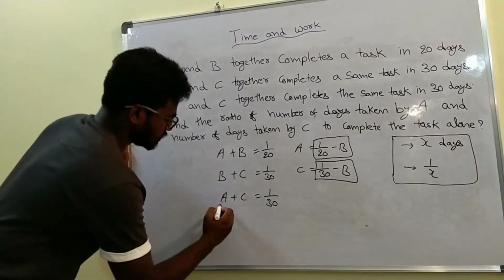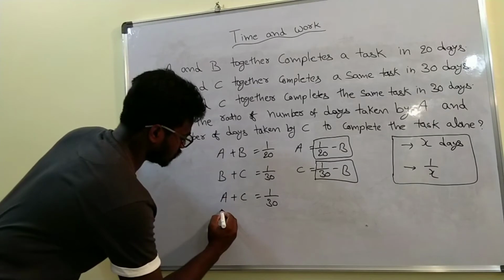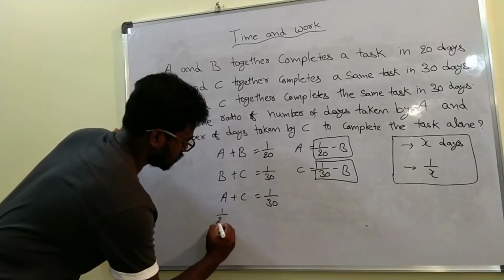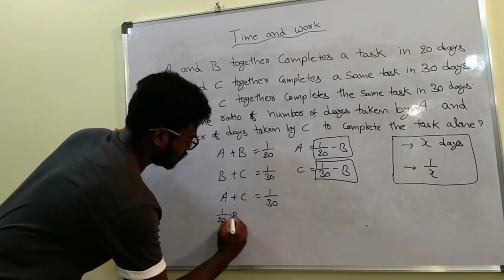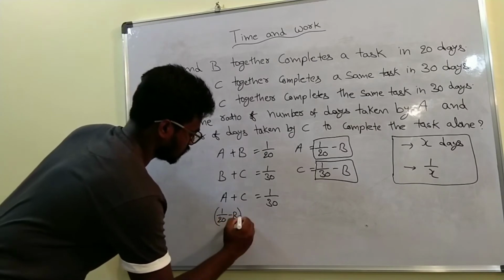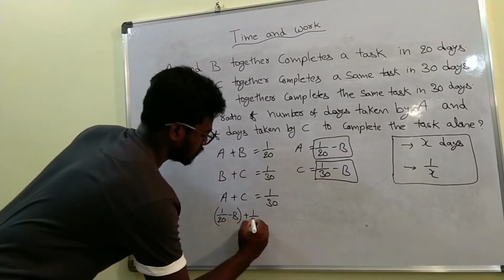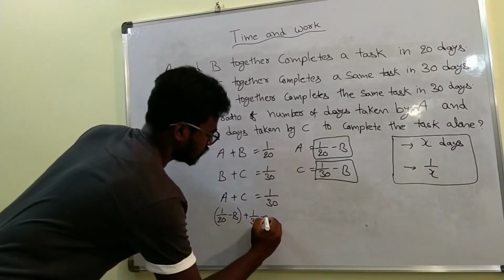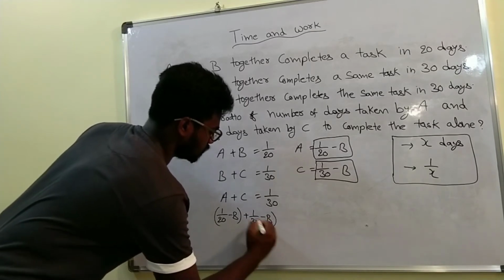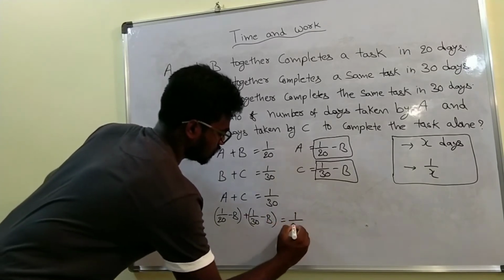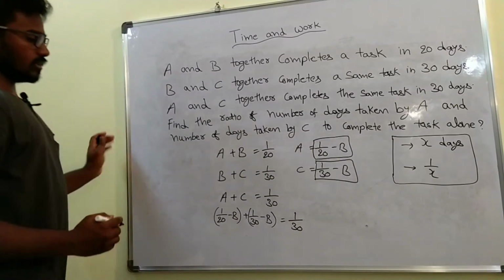Let's substitute those values: 1 by 20 minus B plus 1 by 30 minus B equals 1 by 30.